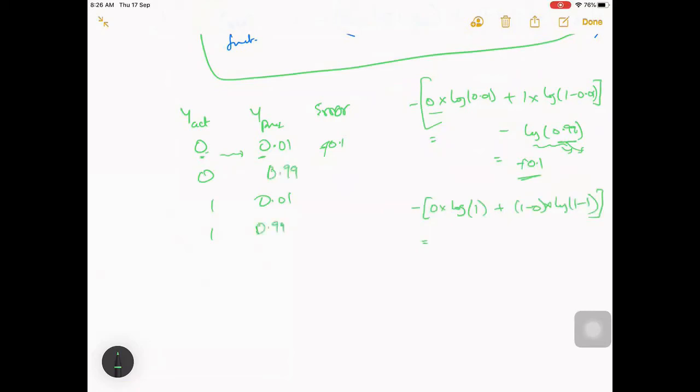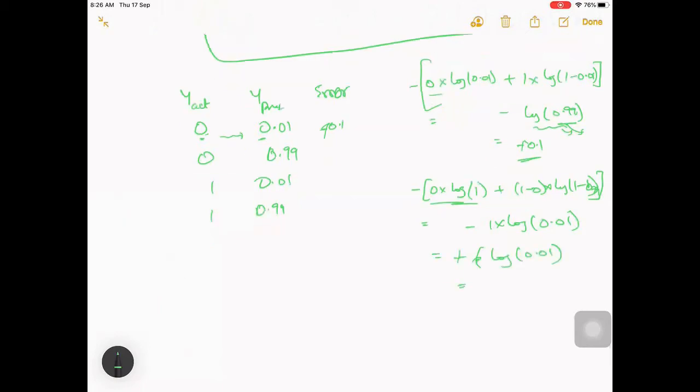This part is 0, so minus 1 into log 0.01. If this is less than 0, it will become positive, and log of 0.01 will actually be a very high value.